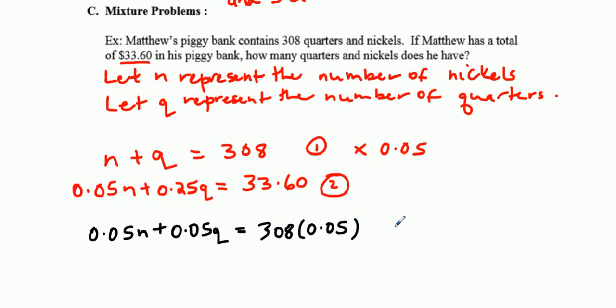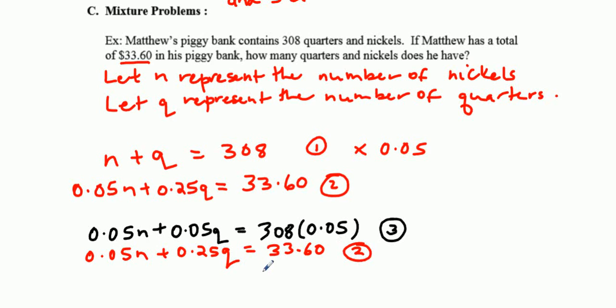Now you can go ahead and figure that out on your calculator, and you don't have to show it, but I'm just showing it for your learning purposes. So that's our new equation, and our old equation here that we didn't change is this one. Okay, so that's number 2, because we didn't change that.